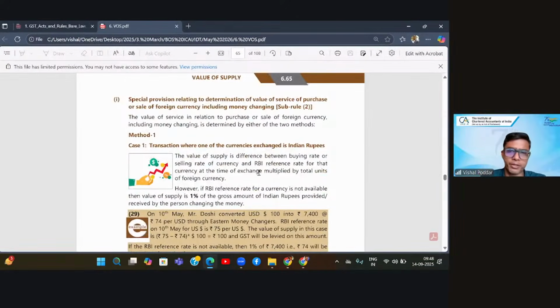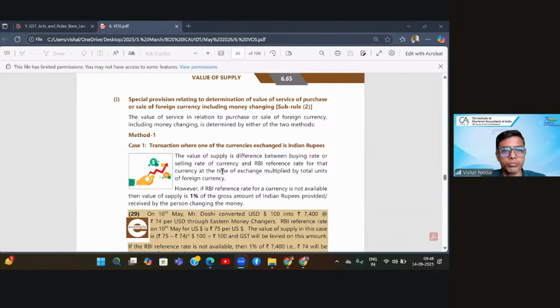So please read the first valuation rule in this category. A special provision relating to the determination of value of service of purchase or sale of foreign currency, including money changing, as per sub-rule 2. The value of service in relation to purchase or sale of foreign currency, including money changing, is determined by either of the 2 methods.